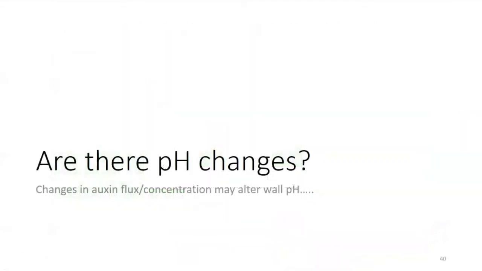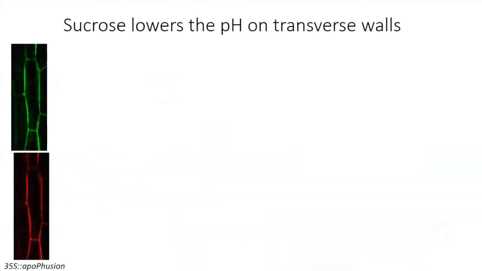So are there pH changes? We might expect that if there's more auxin flow across that transverse wall, that maybe we're going to see a drop in pH if you believe acid growth. And so we've been using this apofusion fluorescent protein system. And so what happens is you have RFP, which is pH insensitive, and GFP, which is pH sensitive.